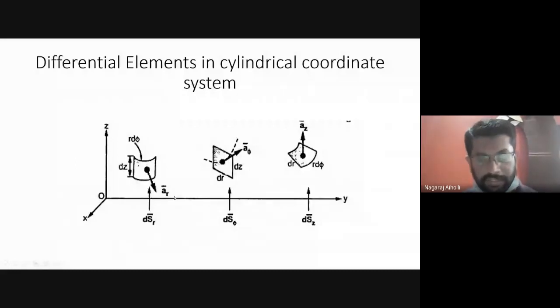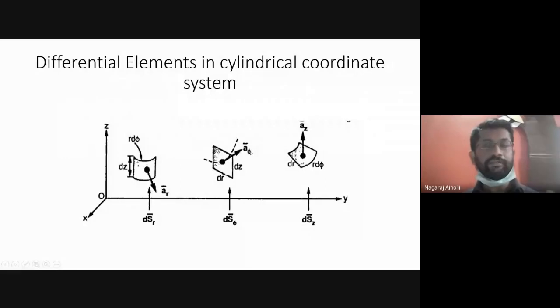Similarly, here this is our dz, the z axis, then this is our radius r, dr, and the mutually perpendicular direction will be a phi bar, correct? Hence the area of this surface is dr into dz, don't forget the unit vector, into a phi bar. That gives ds phi bar, because whatever magnitude we get is with respect to the unit vector, which gives the direction of that magnitude.